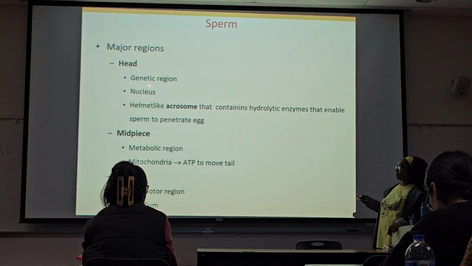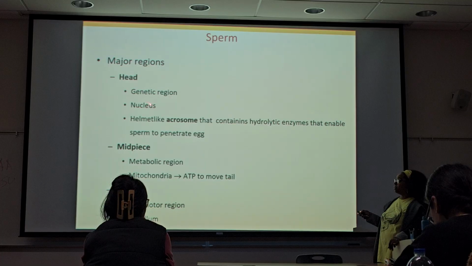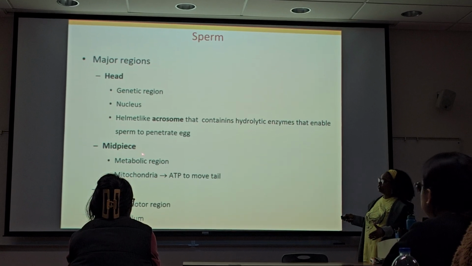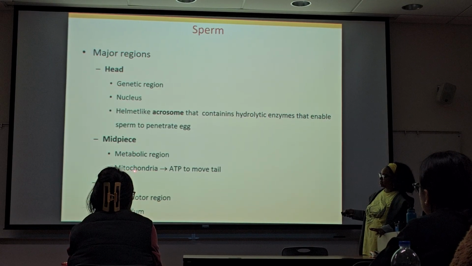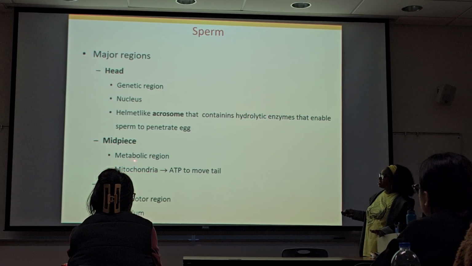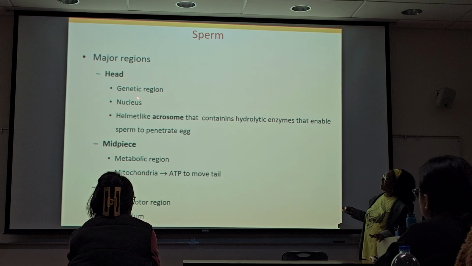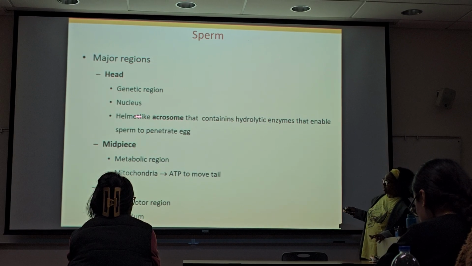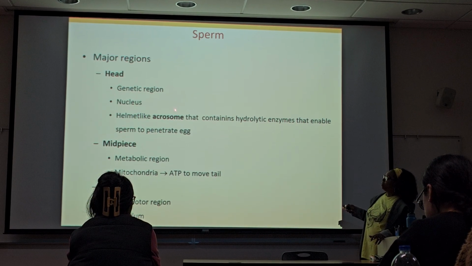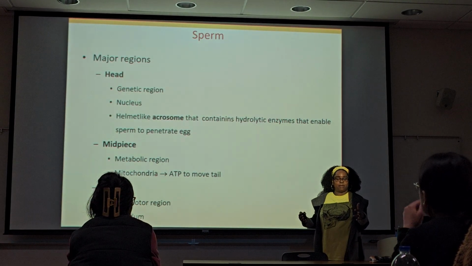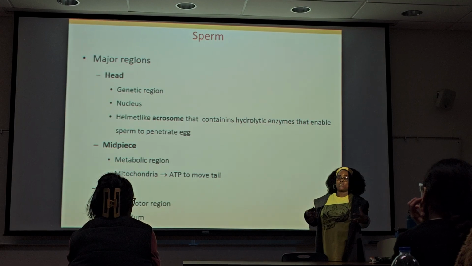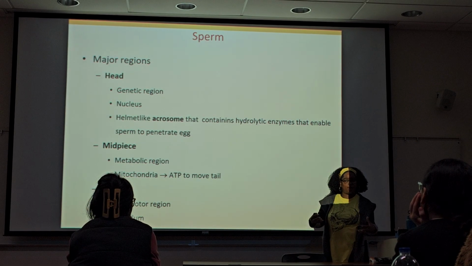Only the head, okay? Because all the mitochondria are at the tail and not in the head, the head of the sperm is what's going to actually merge with the genetic material within the egg, okay?